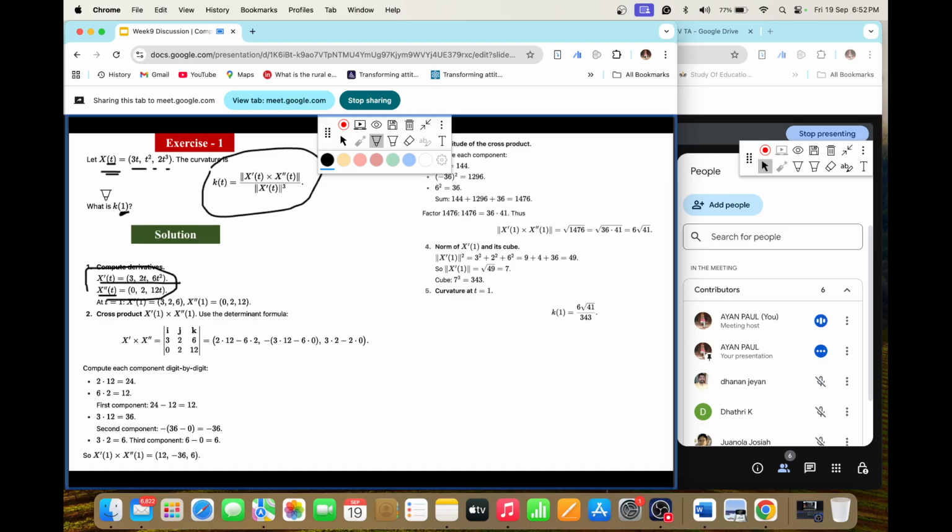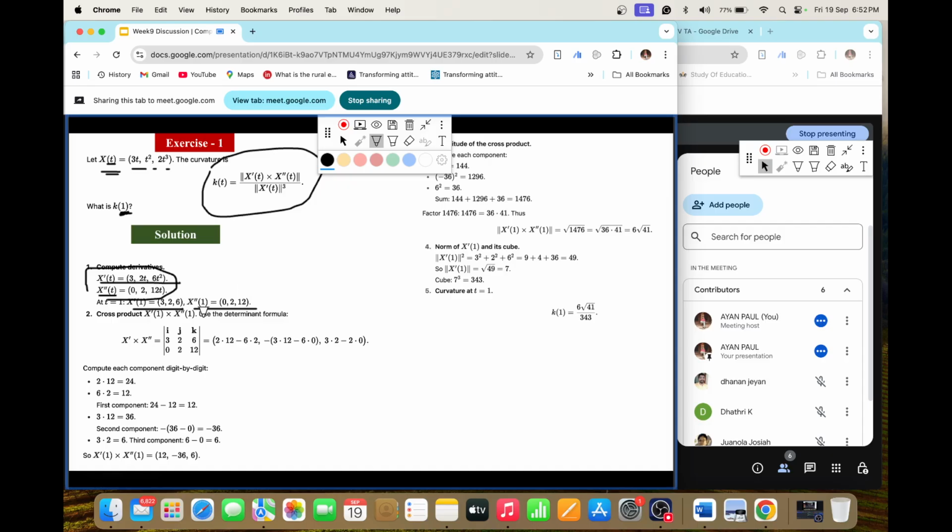Now because the question asks for t equals 1, just put t equals 1. So x dash 1 is given by this, x double dash 1 is given by this. Dash means first order differentiation, double dash means second order differentiation.